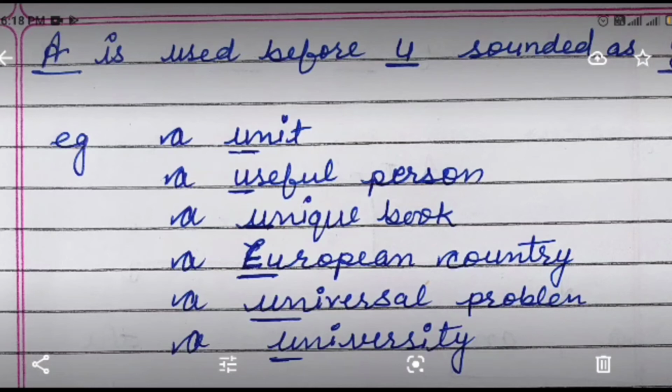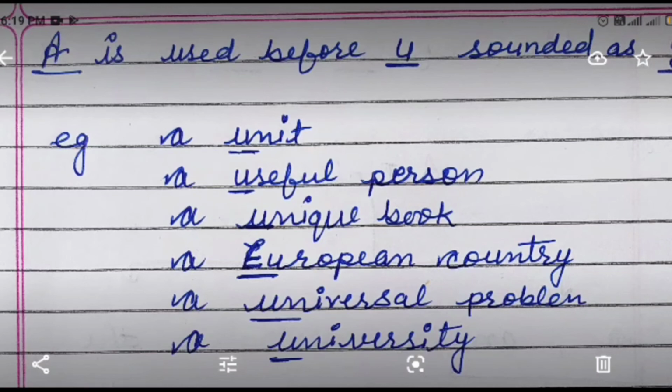As is the sound of umbrella. In umbrella, the initial sound is a. So we place there an, and here unit gives initial sound Y. Y is a consonant.